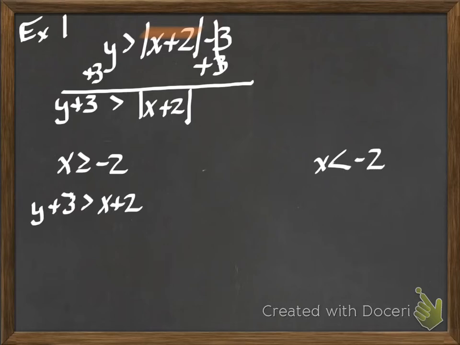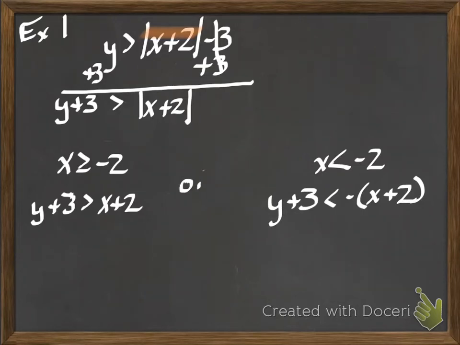That is whenever my y plus 3 is less than the negative of what's inside my absolute value. And I separate that with or.